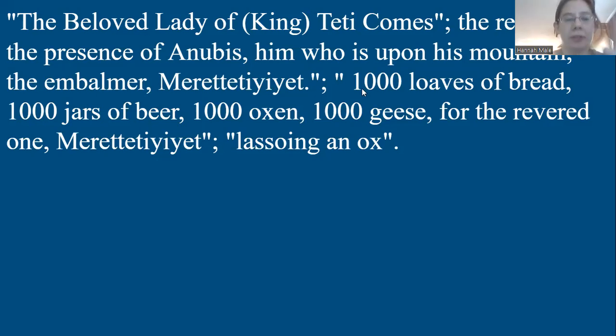And then it gives the offerings that ideally will be given to her in the afterlife: 1,000 loaves of bread, 1,000 jars of beer, 1,000 oxen, 1,000 geese. And then it gives her name again, for the revered one, Merit Teti Ayit. A lot of these funerary goods that you'll see repeated over and over that the deceased really wants are bread and beer and fowl of different kinds, and cattle or oxen.